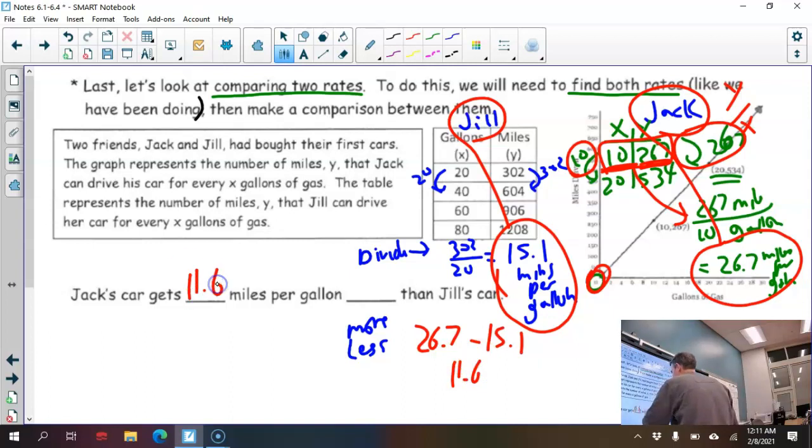Jack's car gets 11.6 miles per gallon more than Jill's car. And I have compared them, and I'm done. I think you can do the homework no problem. Again, you're just finding something you already know how to find, which is how much something goes up each time, right? Good luck. I'll see you next time.